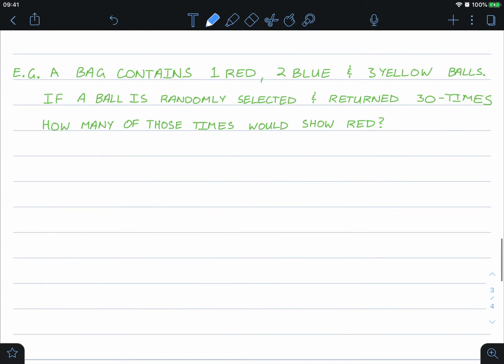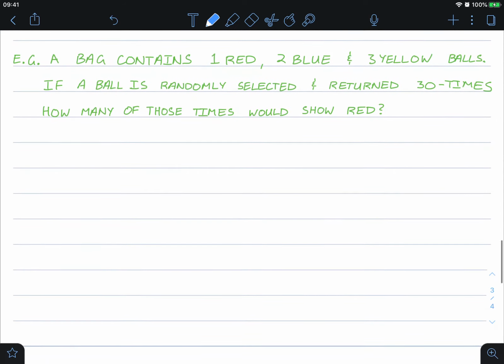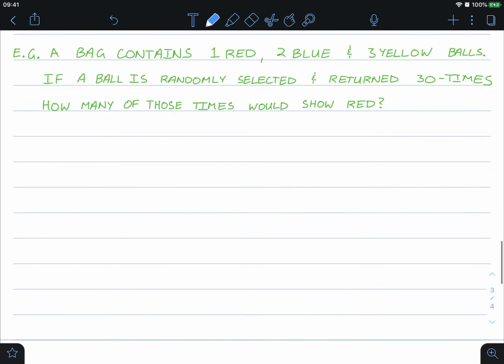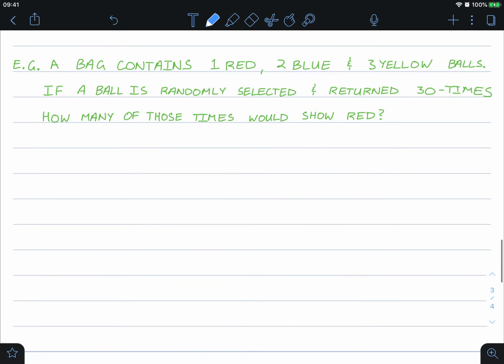Let's do another one here. A bag contains 1 red, 2 blue, and 3 yellow balls. If a ball is randomly selected and returned 30 times, how many of those times would show red? It's asking, what's the expected frequency of red if we repeat it 30 times?